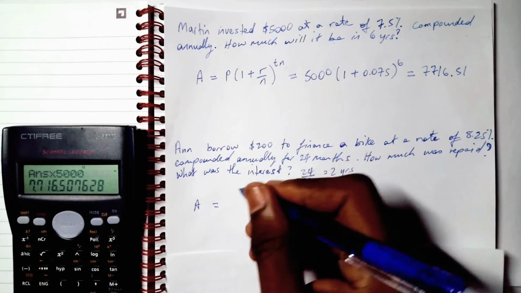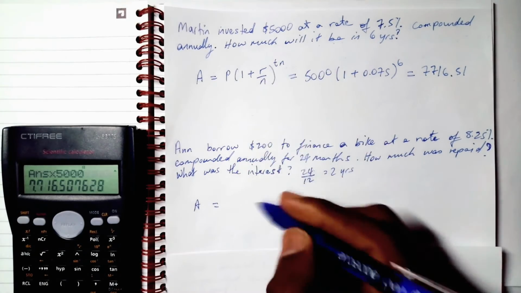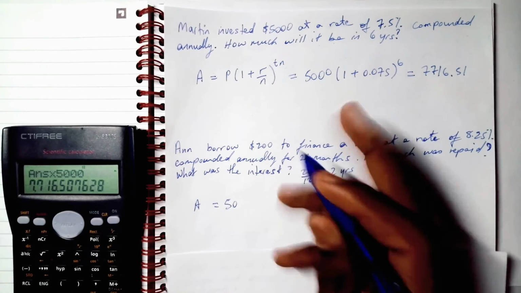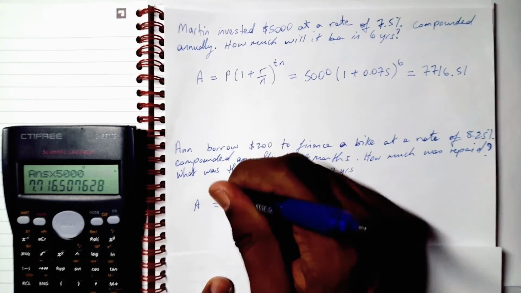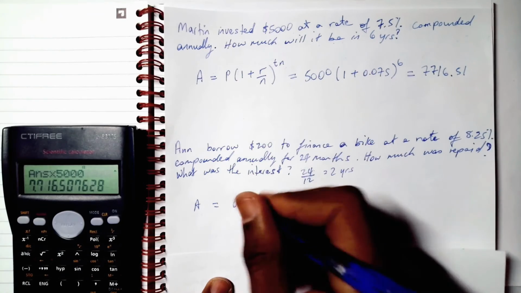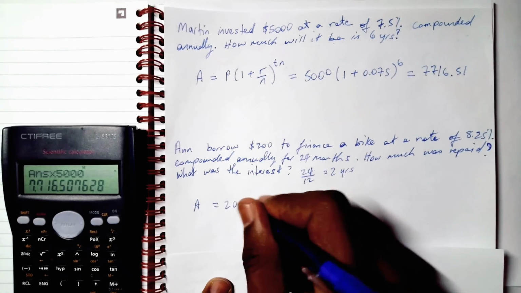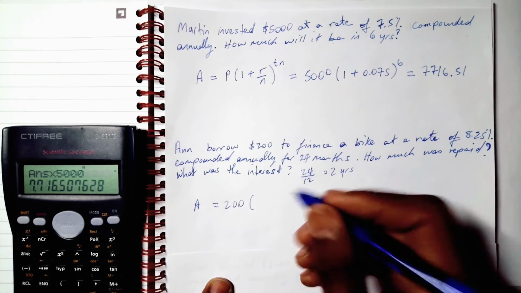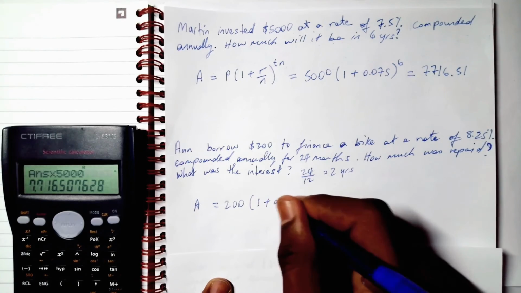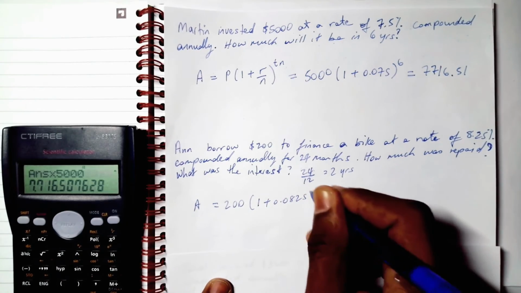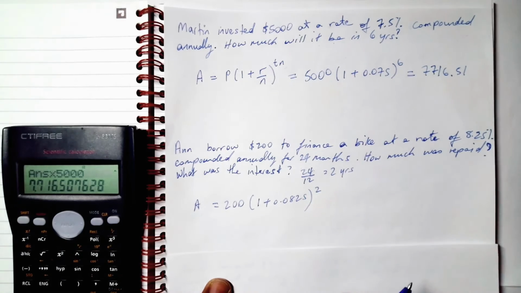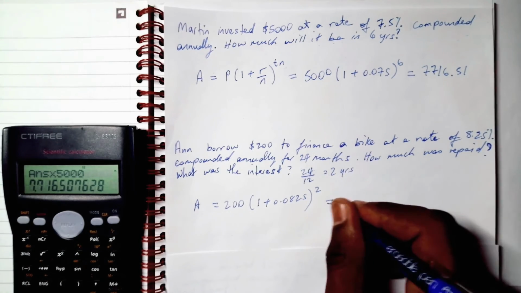So A will be equal to, using the same formula here, 200, sorry, multiplied by 1 plus 0.0825 raised to the power of 2. What's the result?